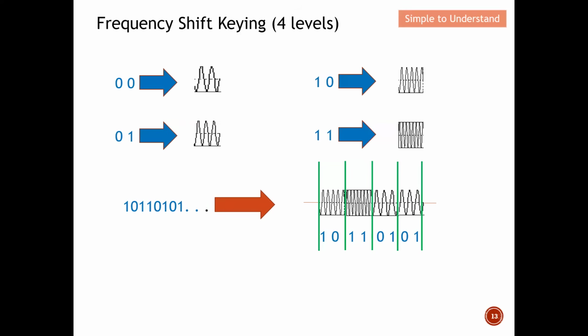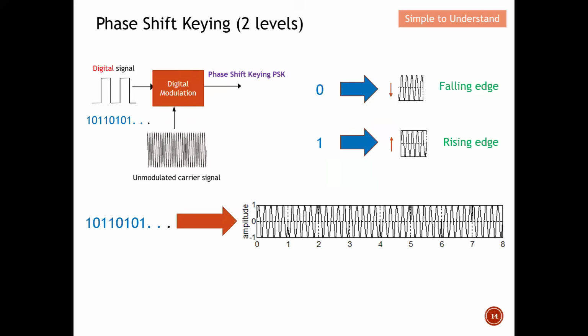Next, most of the communication devices now fall under phase shift keying. Let me go through the easier one first, which is the 2 level phase shift keying. Sometimes we call this binary phase shift keying. This is what I described earlier.